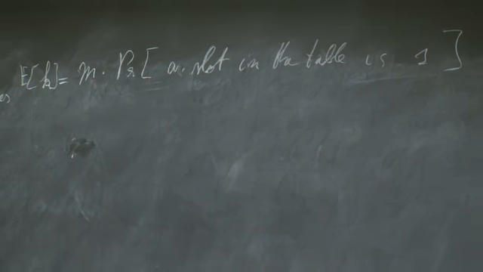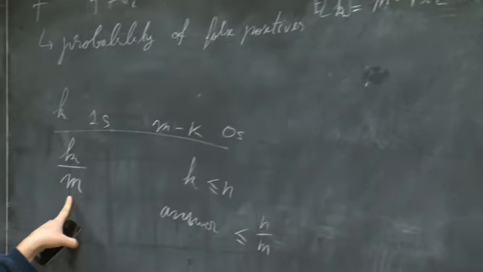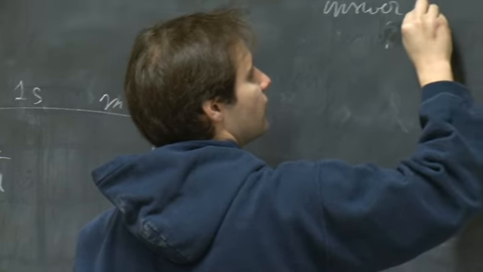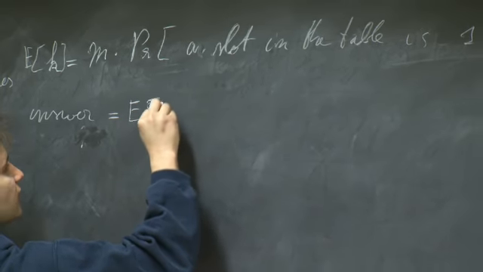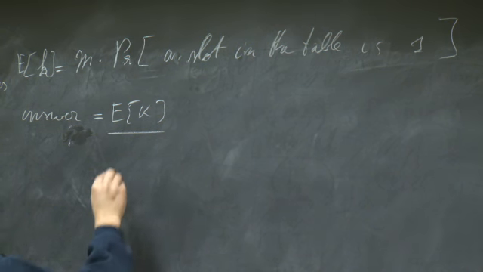So then our final answer is this thing divided by m. So the answer is the expected value of k, or you can just think of it as the average value of k divided by m.